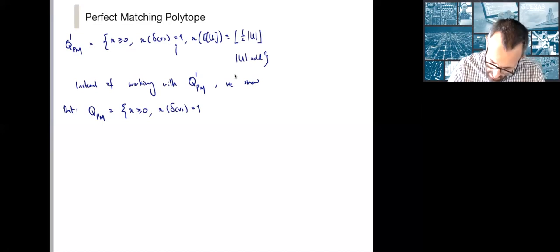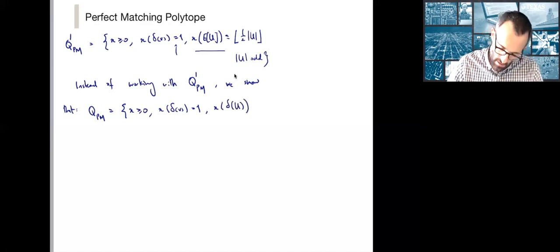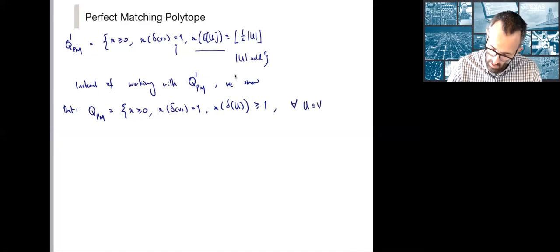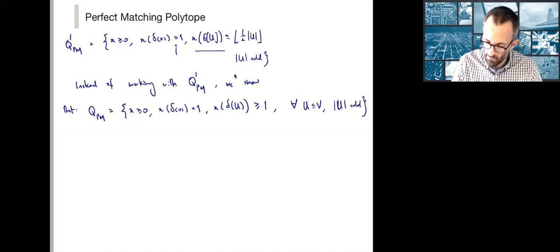Now I'm going to replace this odd subset constraint with something different, which of course has to be related to odd cycles. It is this: for any U that's odd, x of delta of U is at least 1.